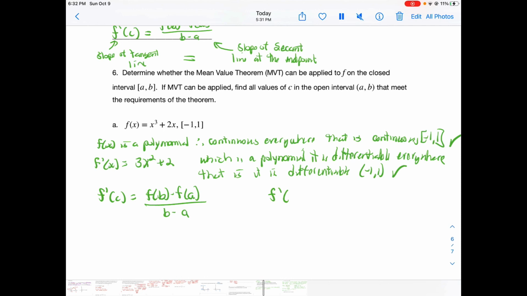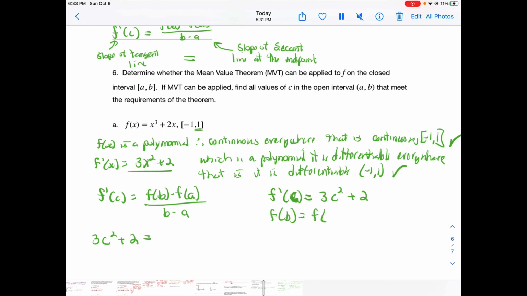So over to the side, I'm going to figure out f prime of c. f prime of c is just my derivative, 3x squared plus 2, replacing every x with c. Then I'm going to find my function value at b, and b in this case is my endpoint of 1. So I'm going to replace every x with 1 in my original equation, and I get 3, so f of b is 3. And then f of a is my other endpoint, my beginning point.